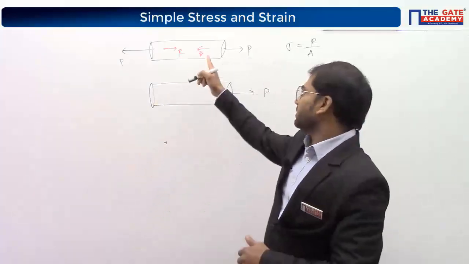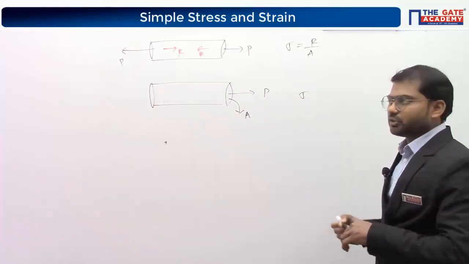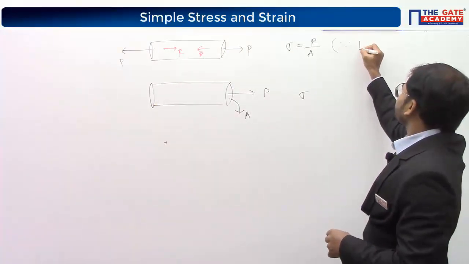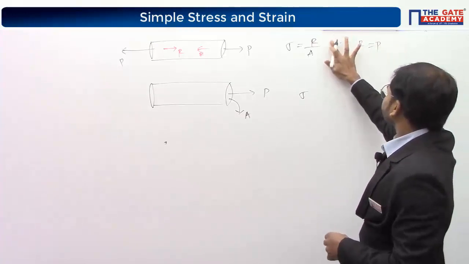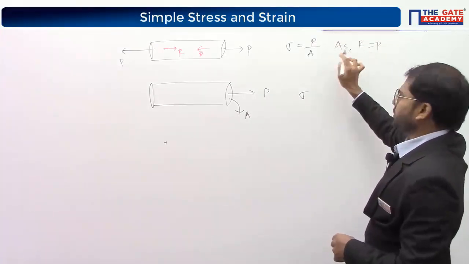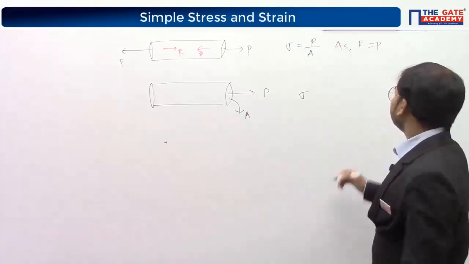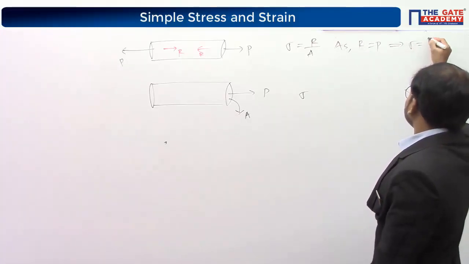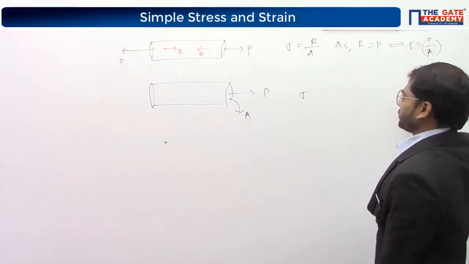Your R should be there to give the value of stress. In this case, since the body is in equilibrium, R is equal to P. So stress can be written as P by area of cross section.